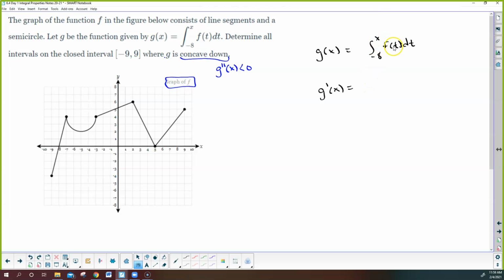So this x would just be put right in there. And I know that g prime is actually f. So this graph is also the graph of the derivative. Well then, what if I take the derivative again? So I get g double prime. That is equal to the slopes of this graph.